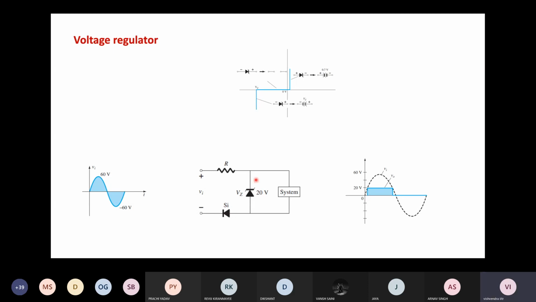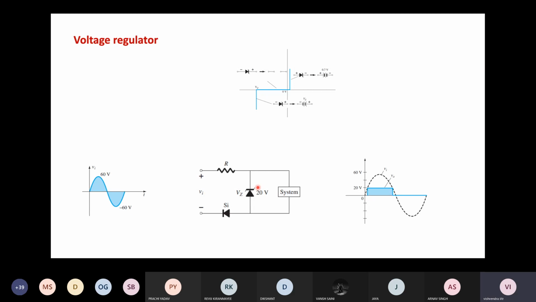So 20 volts will be the maximum voltage that this Zener diode will tolerate across it. In the positive half cycle, the Zener diode is reverse biased, and above 20 volts, the Zener diode will only allow 20 volts to appear across its terminals.